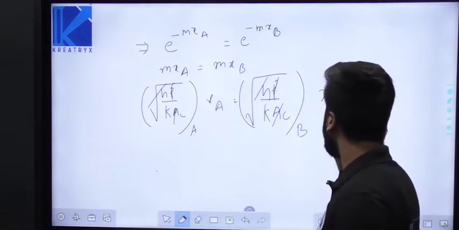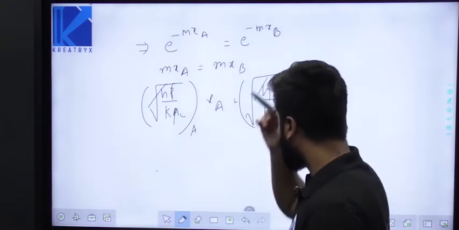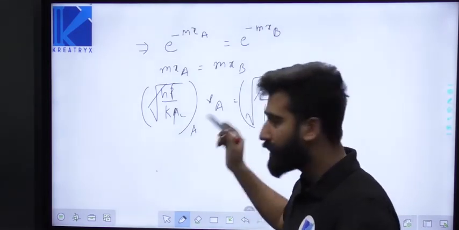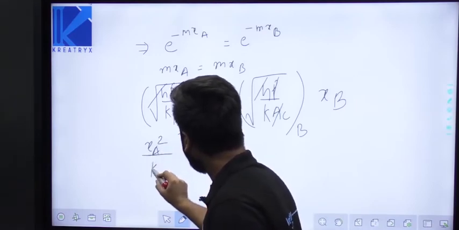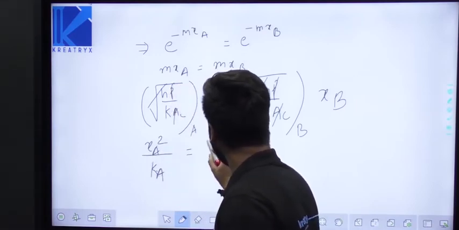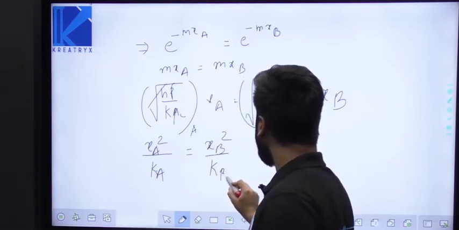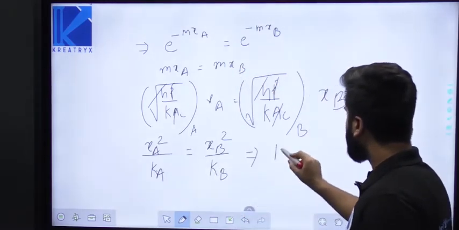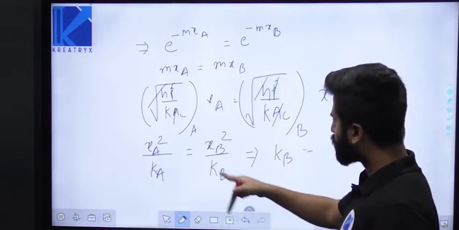We know xa, xb, we know ka. We can find out kb. So I'm directly squaring it. So this is xa square by Ka is equal to xb square by kb. So that implies kb is equal to xb square upon xa square into Ka.